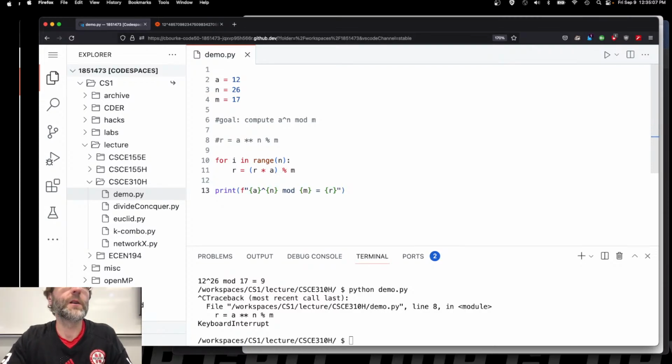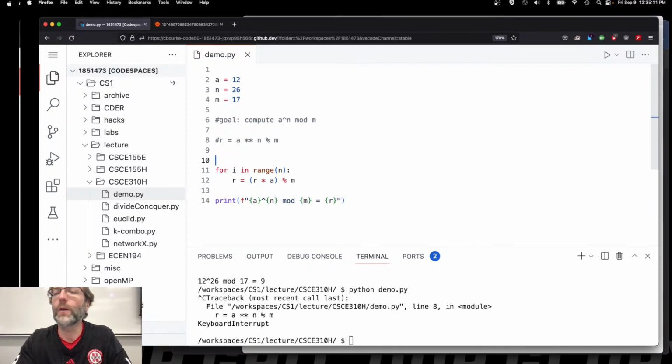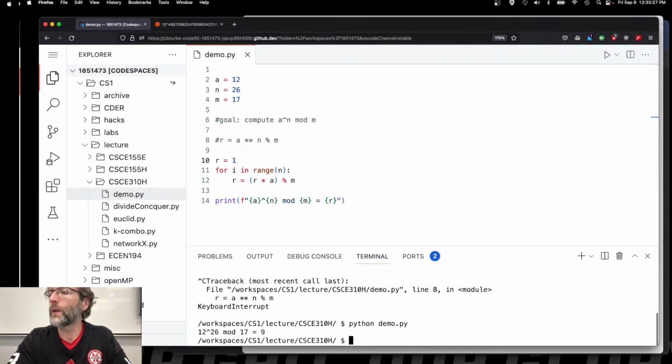Those parentheses, strictly speaking, are not necessary, but I'll put them in for clarity. I'm going to do this n times, 0 up to n minus 1, so I need to start my result at 1. So it's going to go 1 times a times a times a, n times. Let's run that, and we get the exact same answer as before, 9.